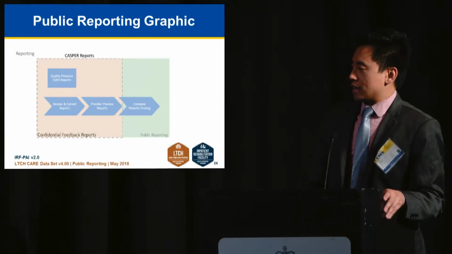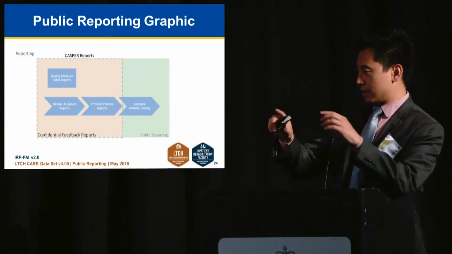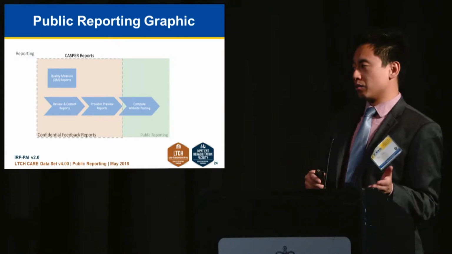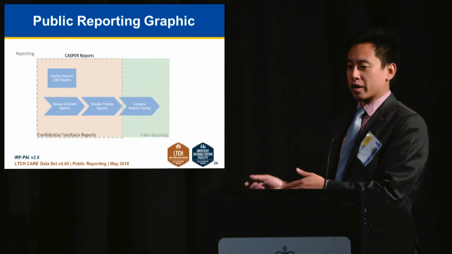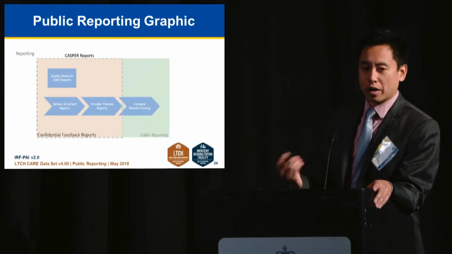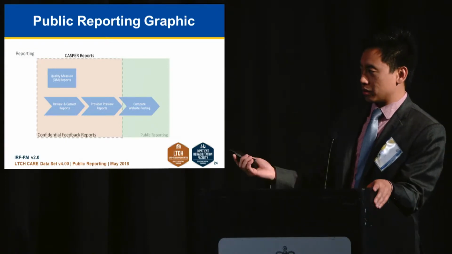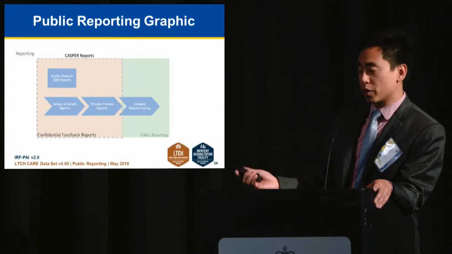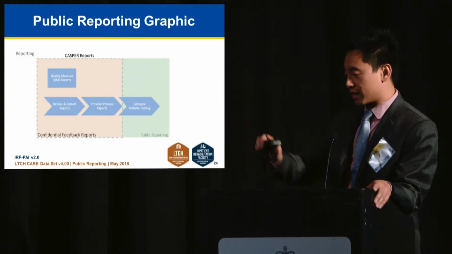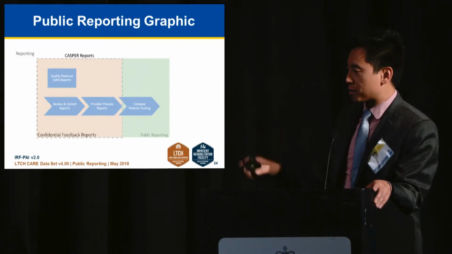If you look at the bottom row, this is the road to public reporting, or what's posted on the Compare website. You'll see review and correct reports, then it goes on to the provider preview reports, and then the Compare website. So we'll go over that process.